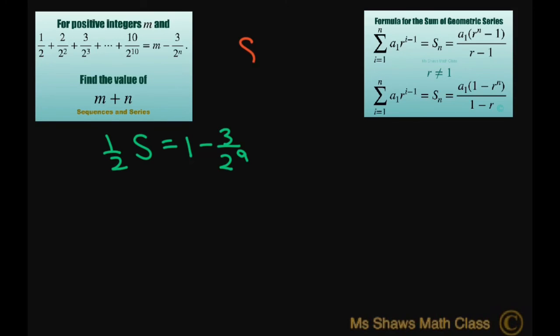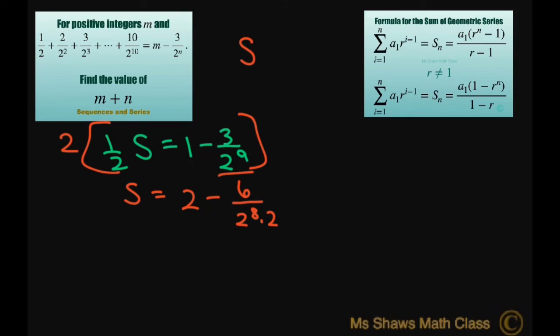So to find your sum, we're going to multiply both sides through by 2. So that's going to give me s equals 2 minus 6 divided by, and I'm going to rewrite this as 2 to the power of 8 times 2. Again, this 2 will go into this 6 3 times.